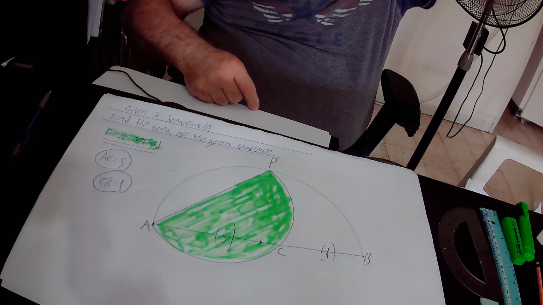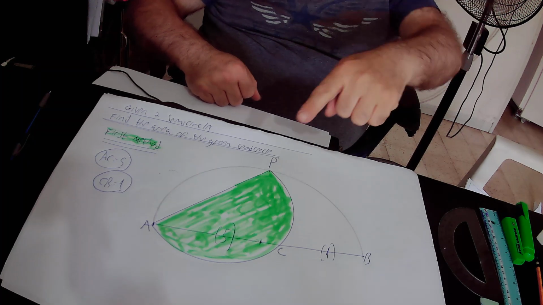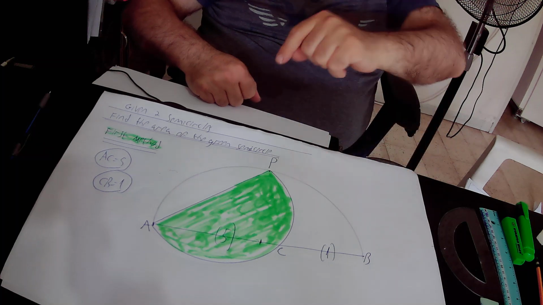Okay, so first of all, we'll join points P and B together by a straight line.